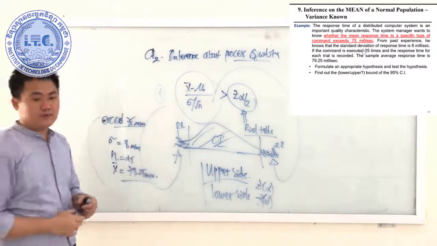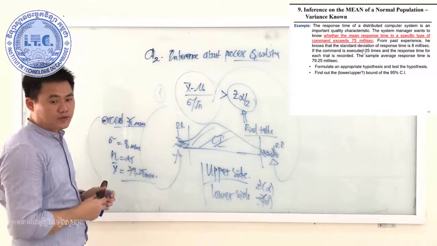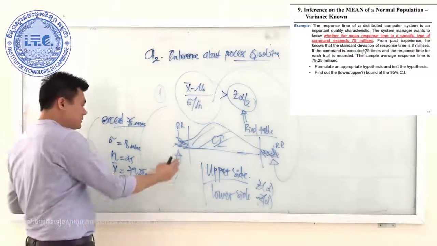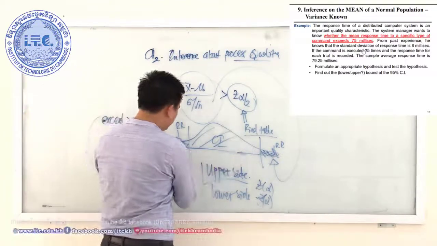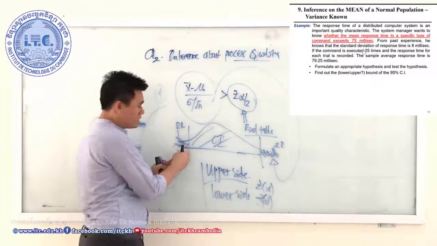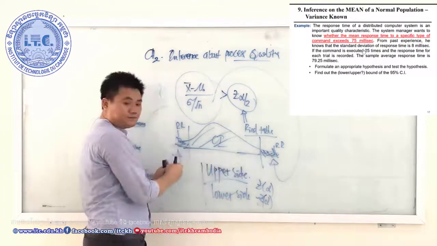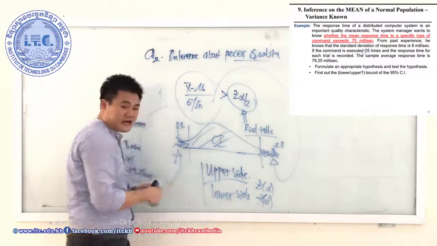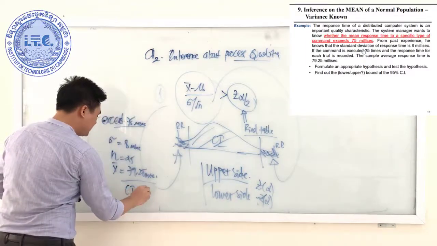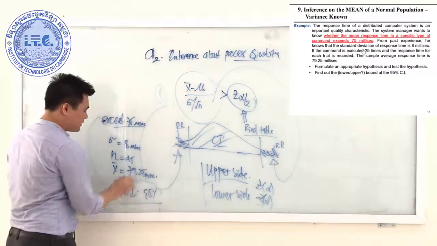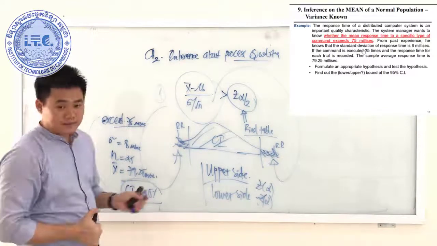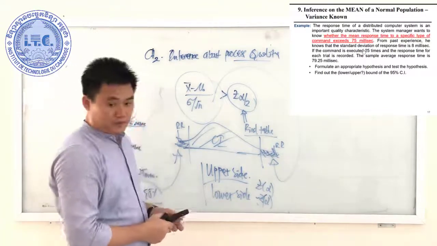So you do the hypothesis testing for the lower and upper sides, and then find the confidence interval. We need to find the lower and upper limits of the confidence interval, where the CI is 95%. So please do it. You can do it. Very simple, right?